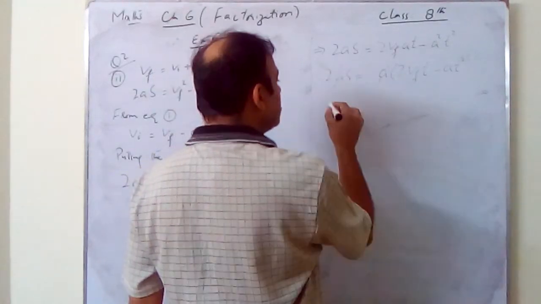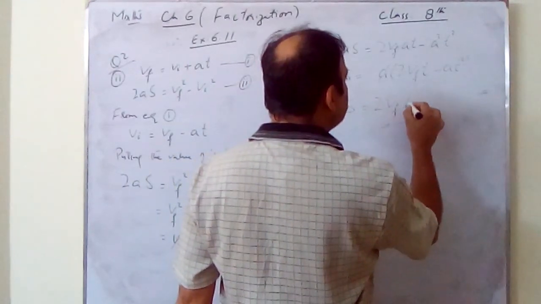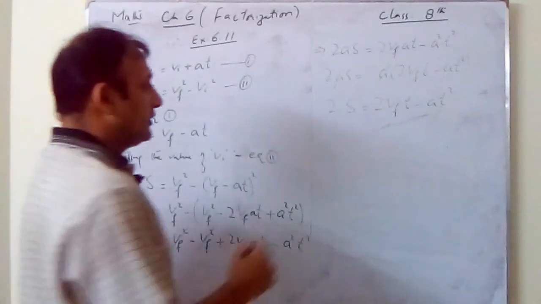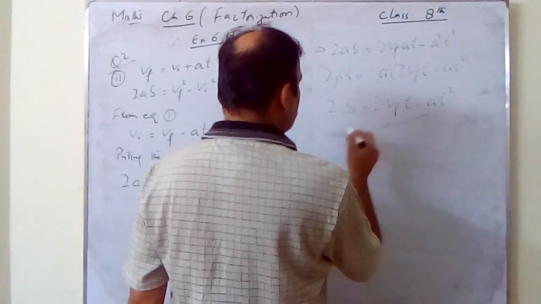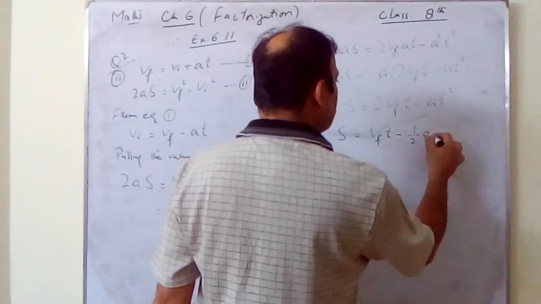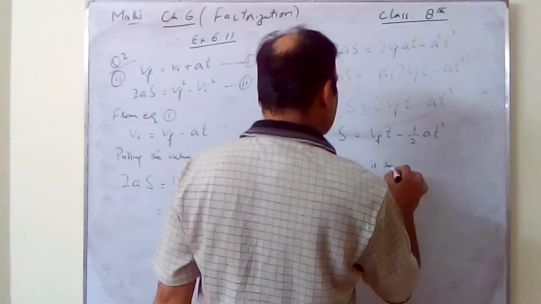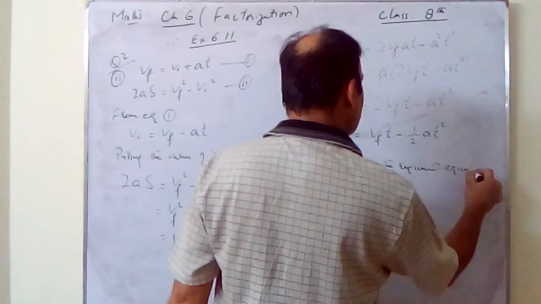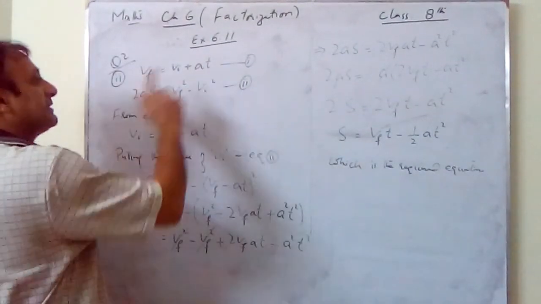A and A cancel. So 2S is equal to 2Vf T minus At square, which is the required equation. इसको अगर आप 2 पे डिवाइड कर लो तो Vf T minus half At square, which is the required equation.